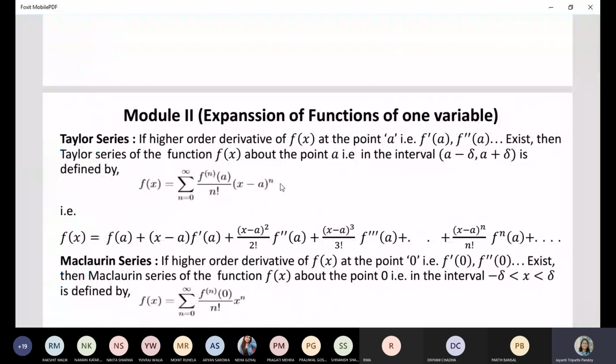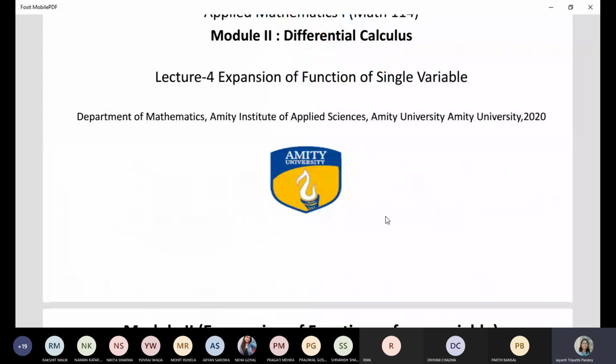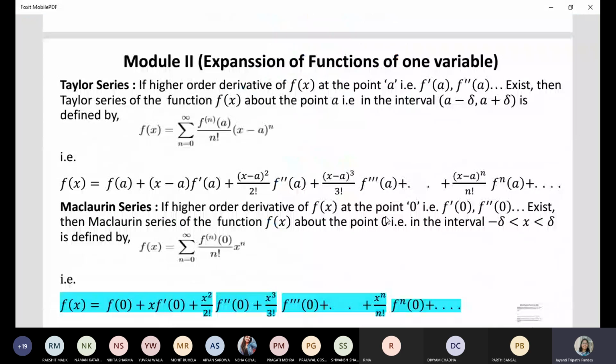Expansion of function of one variable. Okay. Here we will study for one variable, and once we are finishing the partial derivatives, we will be doing it for more than one variable, means two variables or even three variables sometimes.